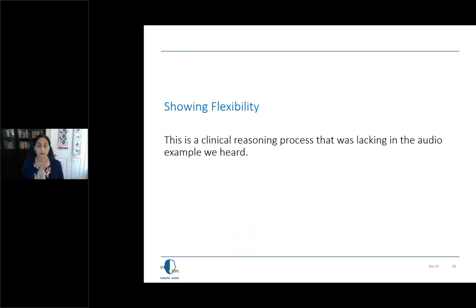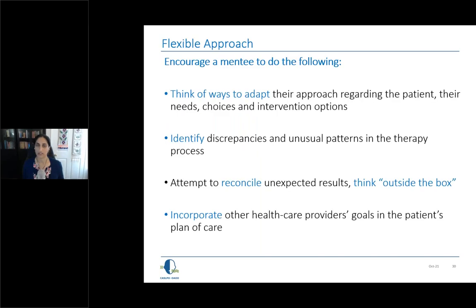Looking at flexibility, this again was a process that we didn't see in the SLP example we listened to. Sarah elaborated on some of the ways, just going with one approach, only taking the mom's word for it. So you want to encourage a mentee, if this is where you're seeing gaps, to think of ways to adapt their approach regarding the patient.